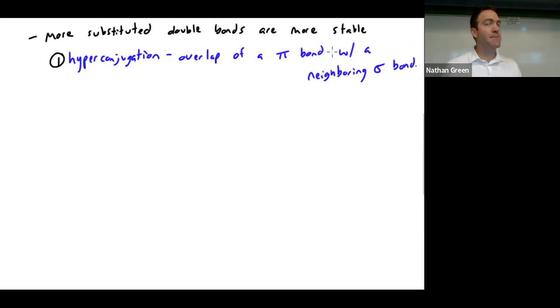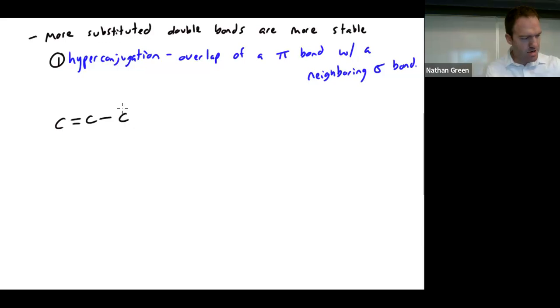What I'm going to do is draw just a piece of a molecule. I'm going to draw a carbon-carbon pi bond, and specifically just the pi bond. I'm going to leave out the sigma bond because it gets complicated. And then next door, I'm going to draw a carbon-hydrogen sigma bond.